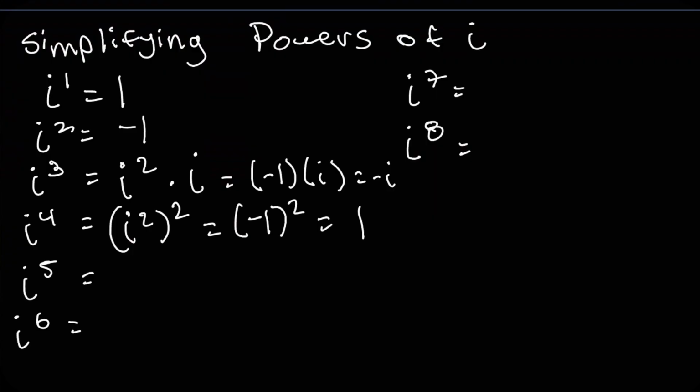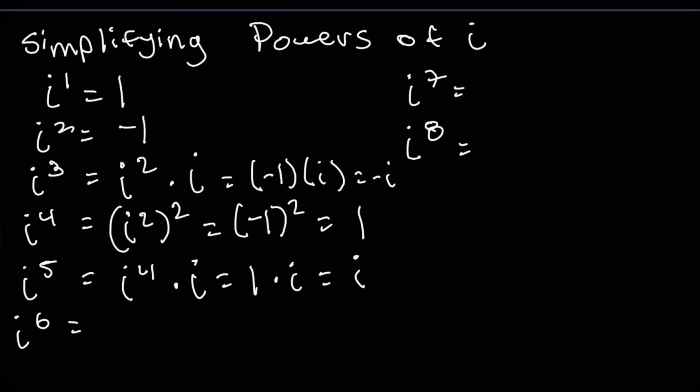And let's look at i to the fifth. We can already use what we've created here. So we know that i to the fifth is really just i to the fourth times i. And if i to the fourth was equal to 1, we can say 1 times i, or just equal to i.